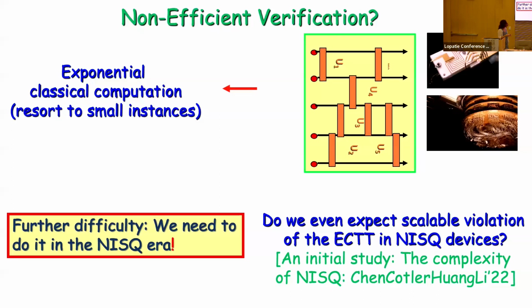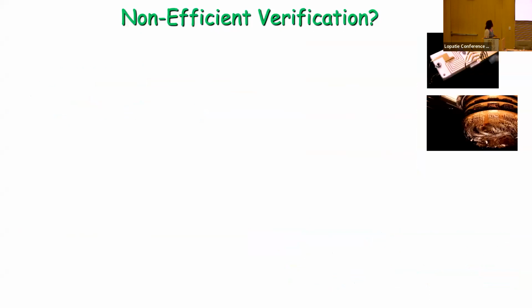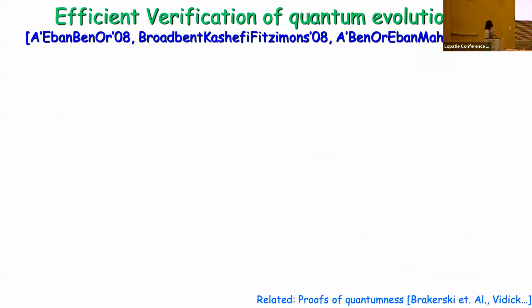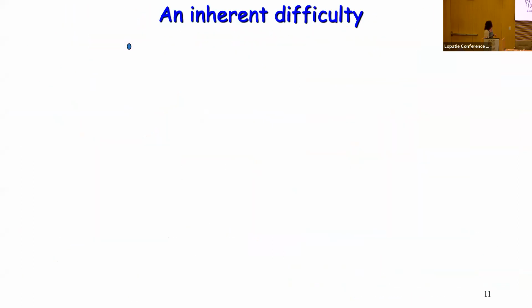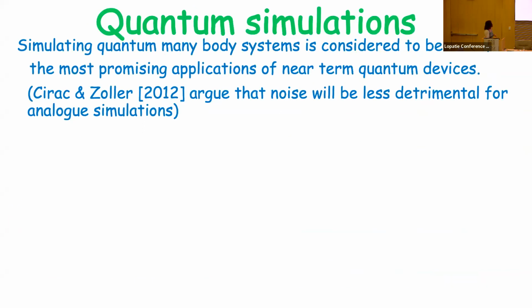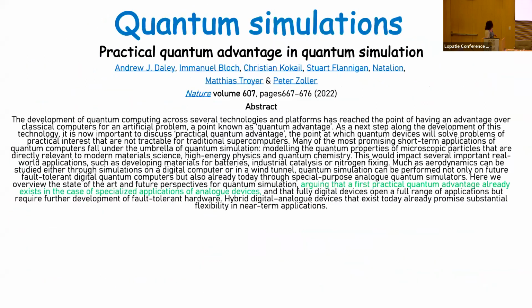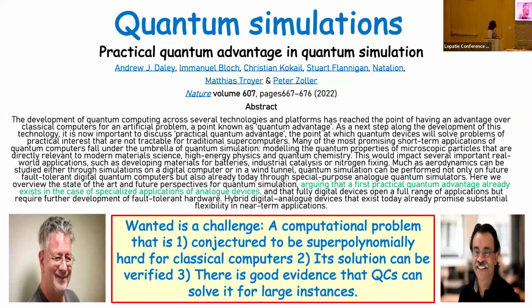So this is why I wrote these three requirements. There's good evidence that quantum computers can solve it for large instances. It's not a theorem. It's the interplay between physics and computer science, and there's no hope for a theorem.